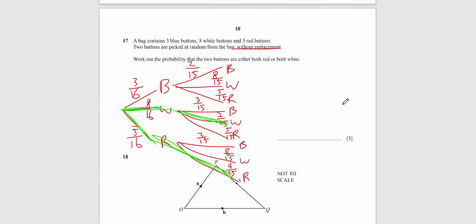So in this case, the probability that both are white will be 8 over 16 times 7 over 15, plus, because you also want both white and both red, plus 5 over 16 times 4 over 15.